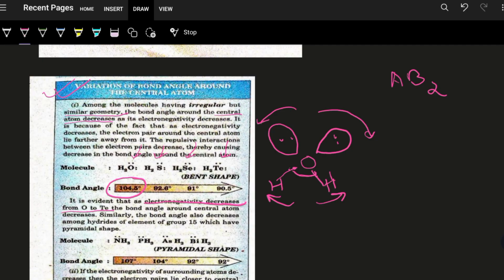When the electronegativity of the central atom increases, the bonded pair of electrons moves towards the central atom a bit more, and the repulsion between these electron clouds increases, for which the bond angle increases. So is what is happening in NH3. Electronegativity of nitrogen is greater than phosphorus, greater than arsenic, greater than bismuth. So this is what I will tell you to see from this resource.